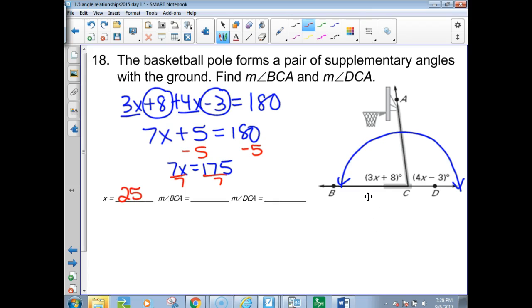Next, it asks us to find the measure of angle BCA. So we're going to do 3 times 25 plus 8. 75 plus 8, so that one's going to be an 83-degree angle. And then 4 times 25 minus 3 is 100 minus 3. That's going to be 97.